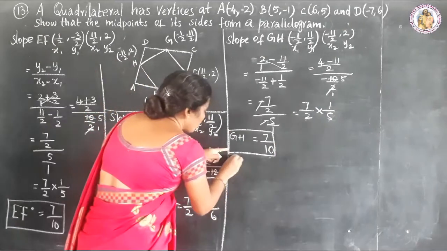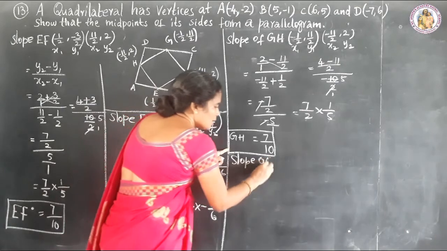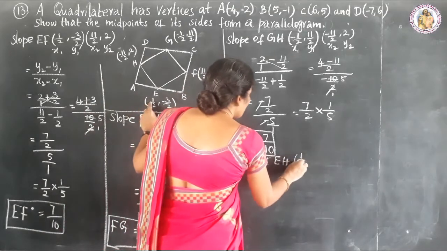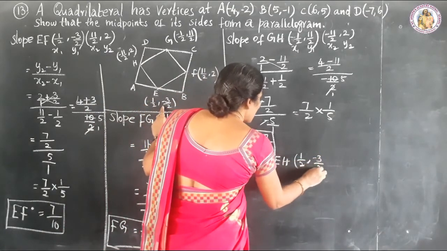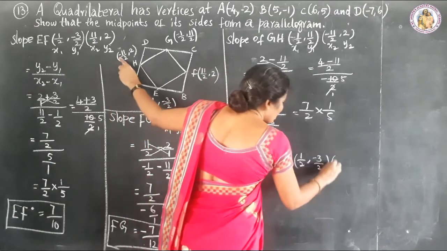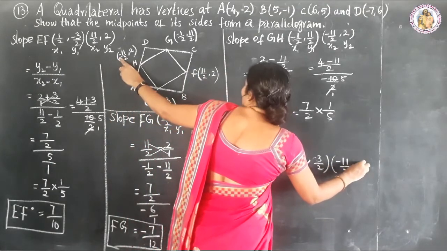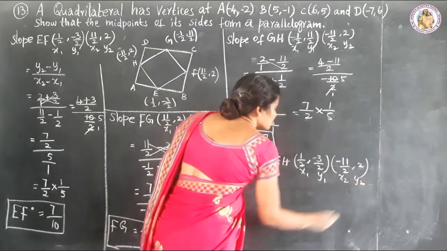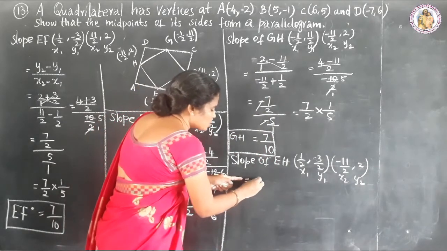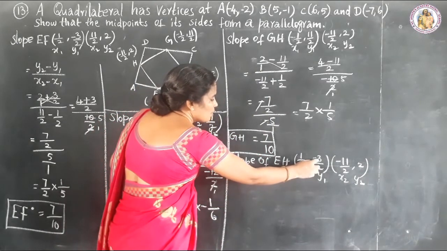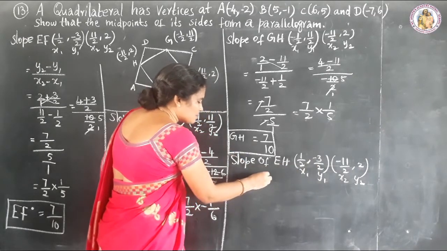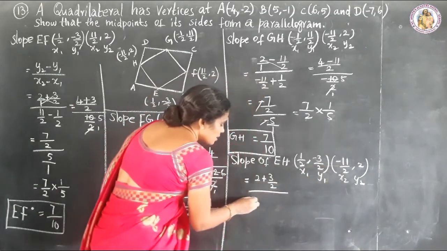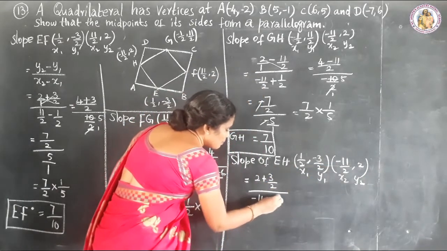Now let us find the slope of HE. y1, so minus 3 by 2, when it comes here, becomes plus 3 by 2, divided by x2, so it is minus 11 by 2 minus 1 by 2.